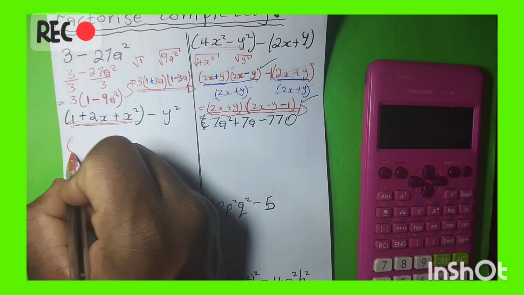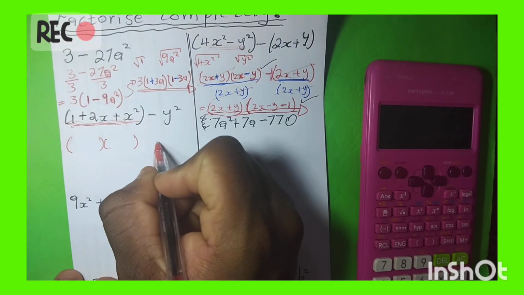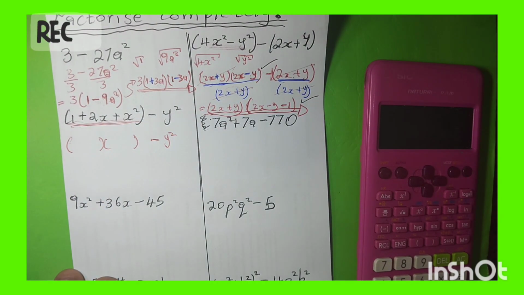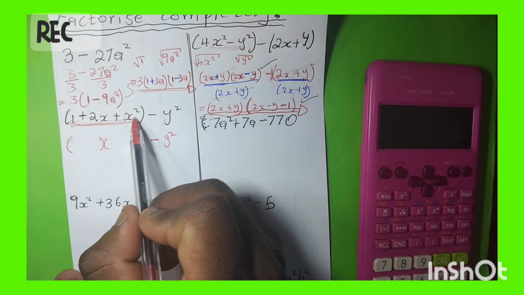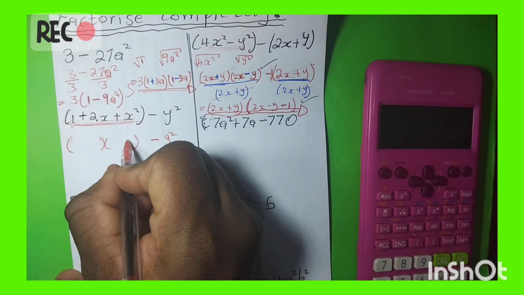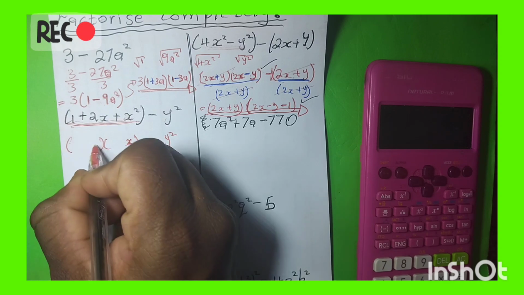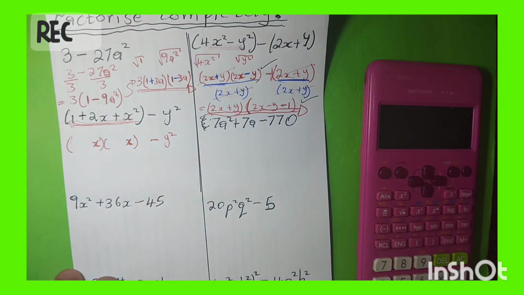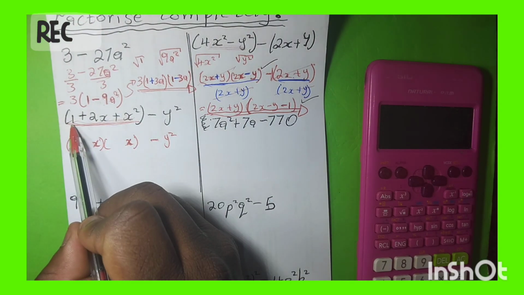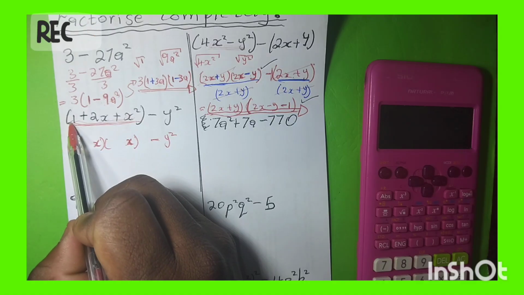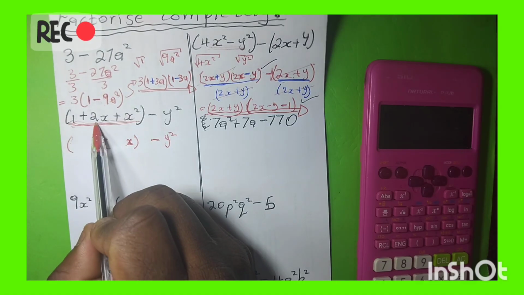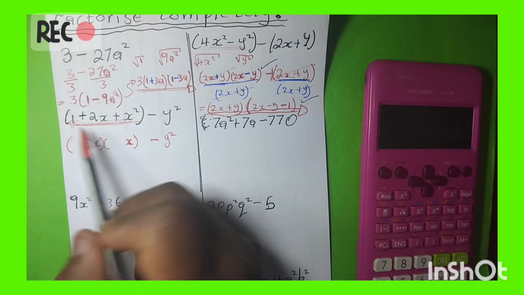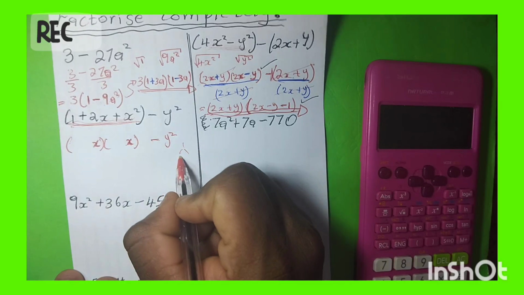So I will say open and close. This I didn't affect. Here I have that x, which is x squared. So what I will do is find the factors of this that, when I add or subtract, give me the middle term. The factors of 1, we only have 1 times 1.